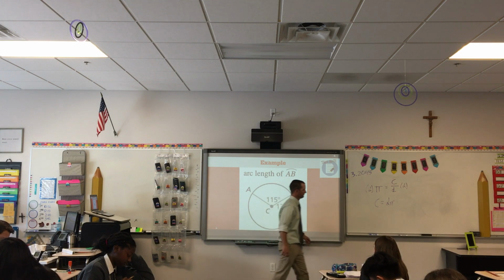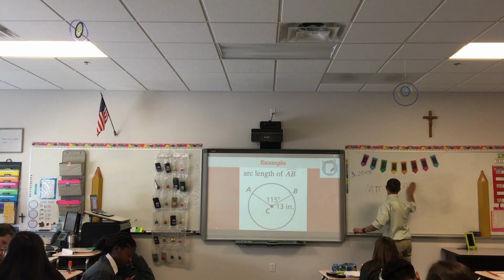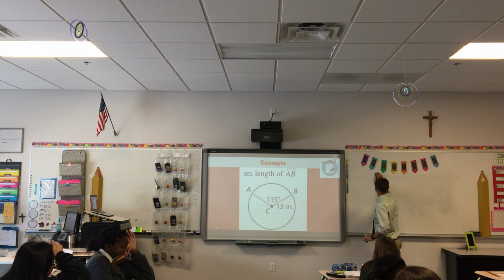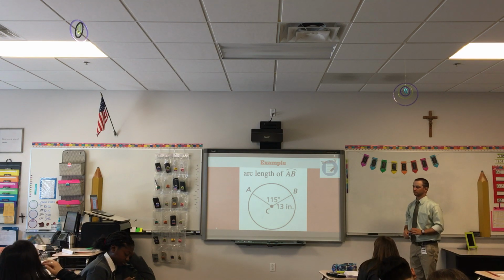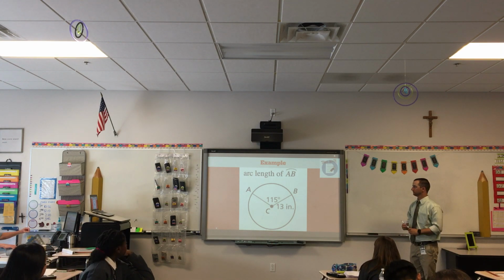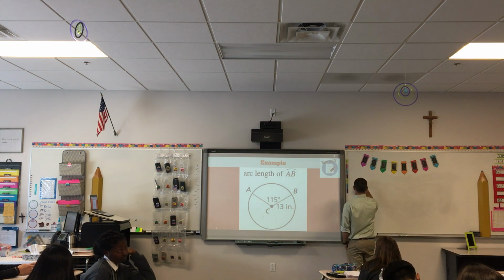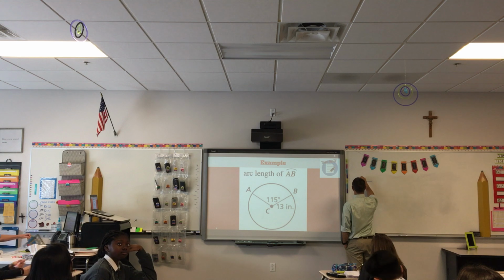The arc length is like a distance, and the arc measure is in degrees. They're not the same number. Arc length would be the 13 inches? No, 13 inches is not the arc length, that's the radius.